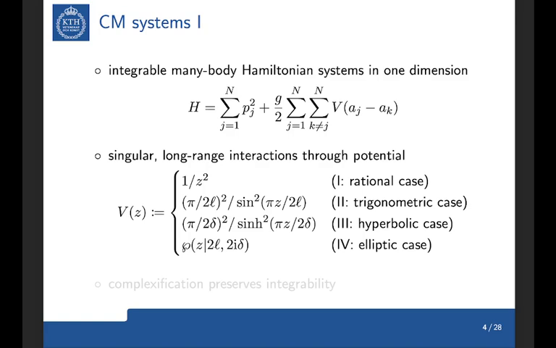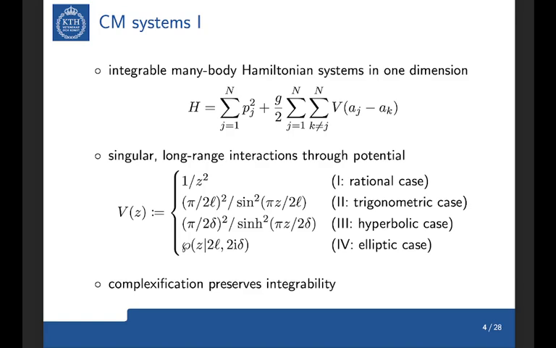In fact, it's a hierarchy of possibilities, because at the top we have the elliptic case, where V is the Weierstrass P function with periods 2L and 2iδ. L and δ are free parameters, and by taking limits with respect to L or δ, we can degenerate into the hyperbolic, trigonometric, and rational cases. One very important feature of CM systems for us is that complexification preserves integrability.